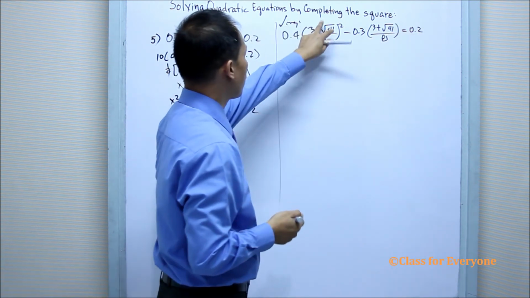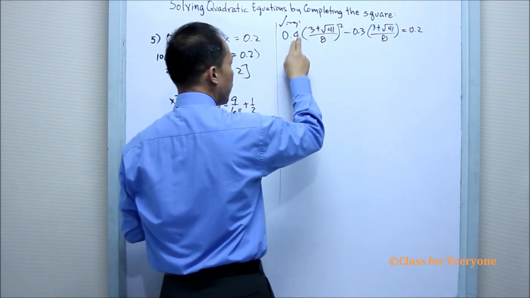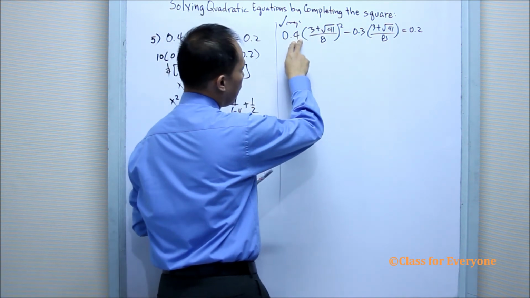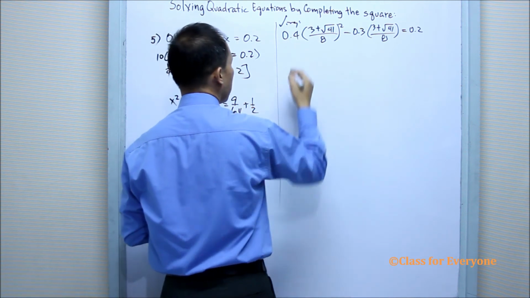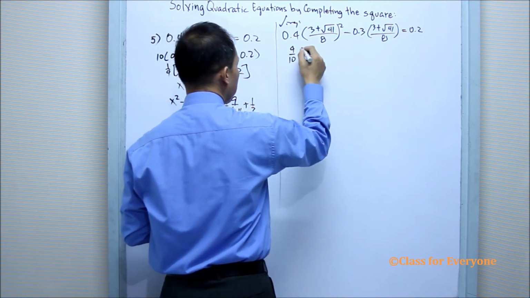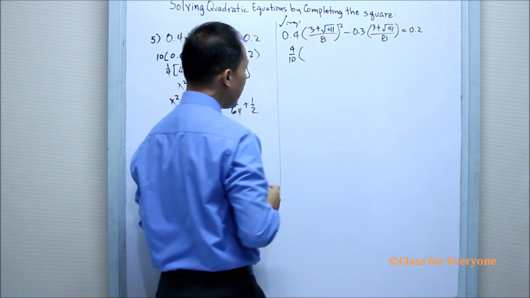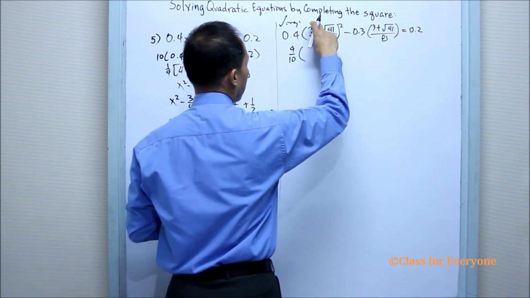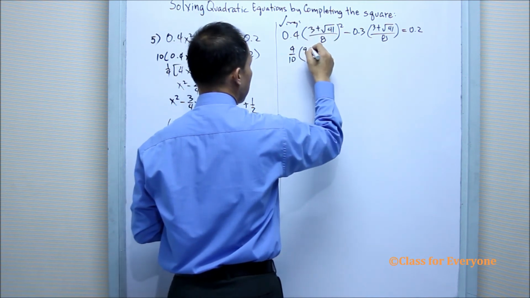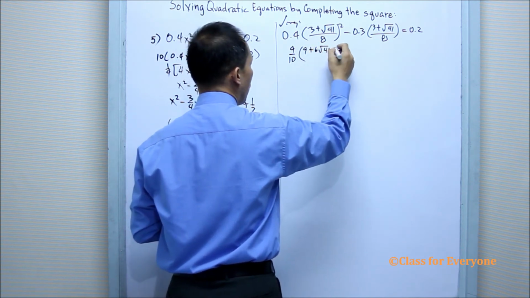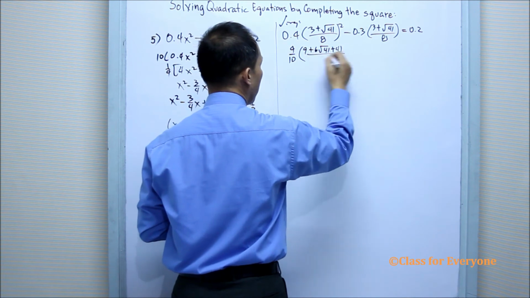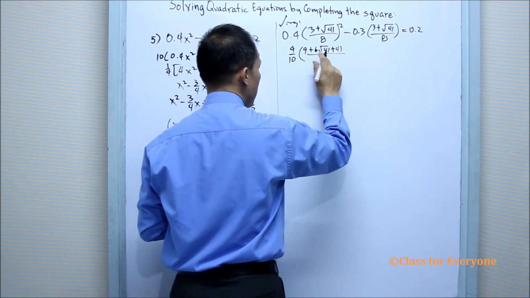Now squaring this first and then finding the fraction equivalent of 0.4, that will be 4/10. Squaring this will be 9 plus 6 times the square root of 41 plus 41 all over 64.